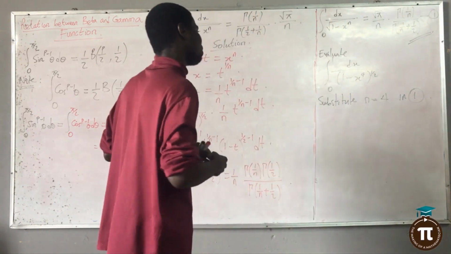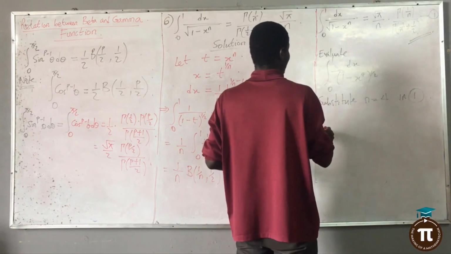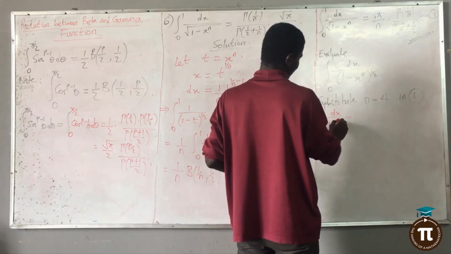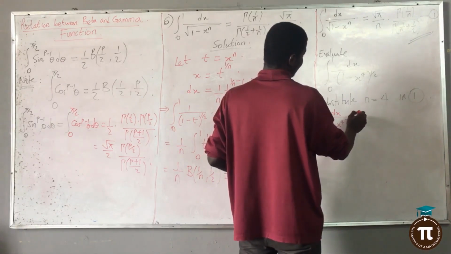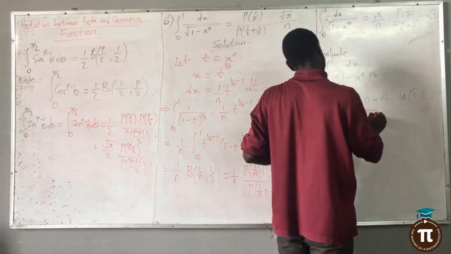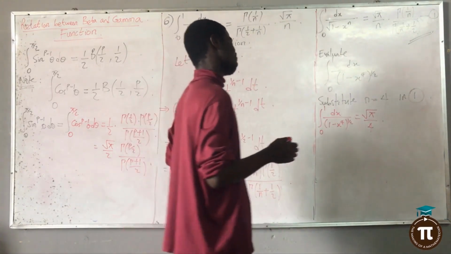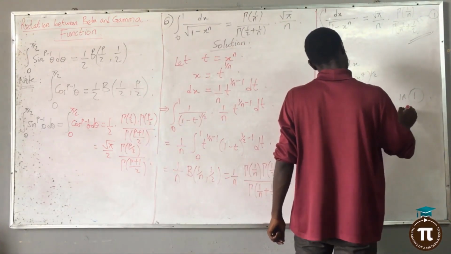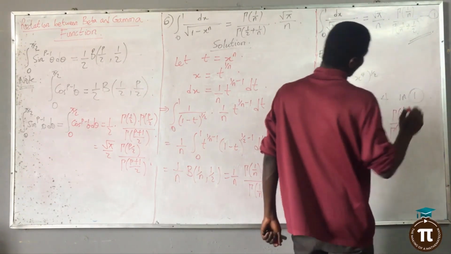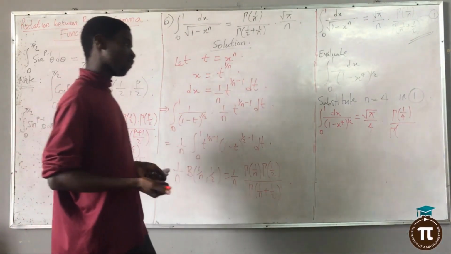So this will be equal to the integral from 0 to 1 of ds over 1 minus s raised to the power 4, raised to the power 1 over 2, equal to root pi over 4 multiplied by gamma of 1 over 4 over gamma of 1 over 4 plus 1 over 2, which will give me 3 over 4.